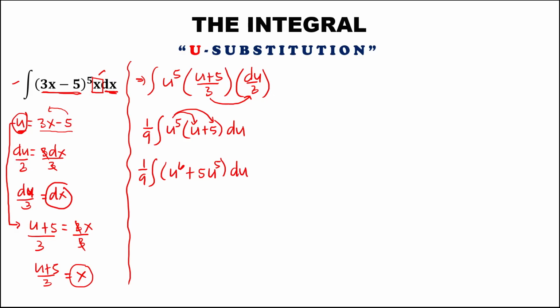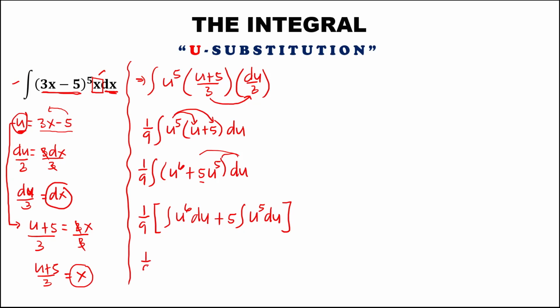Then we need to integrate every term. So bring down 1 over 9, then times the integral of u to the power 6. So distribute this du, then plus, put the constant outside, then we have the integral of u to the power 5 du. Then apply the formula to find the integral of u to the n du.